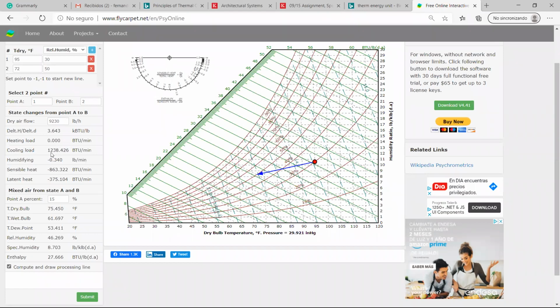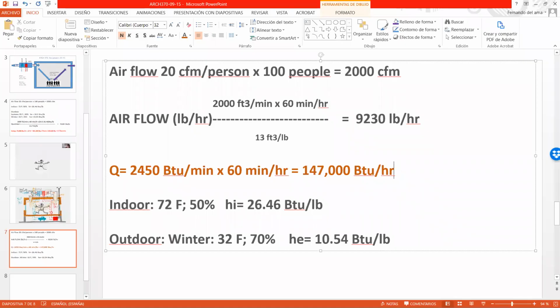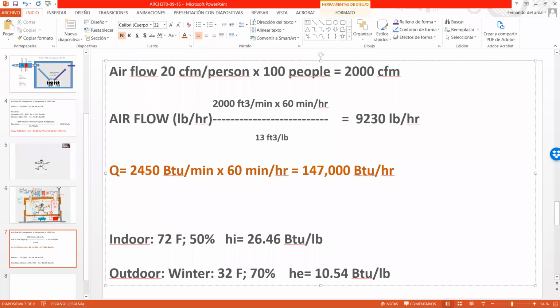Okay, so for the cooling load, now it's 1,240 around. So the cooling load is 1,240.